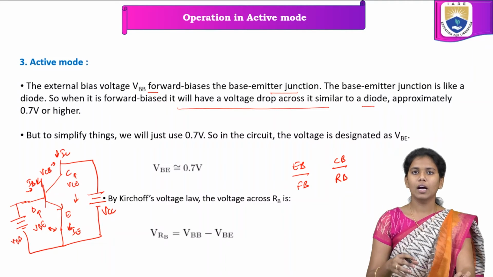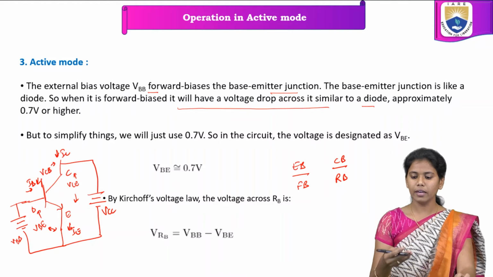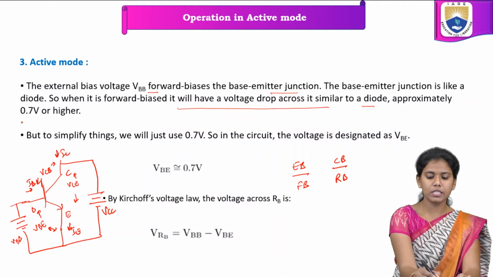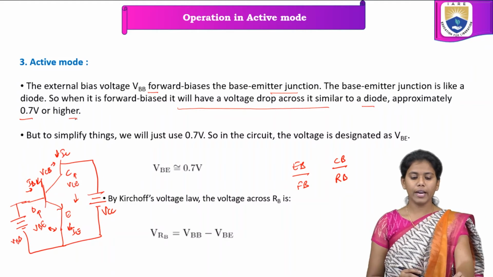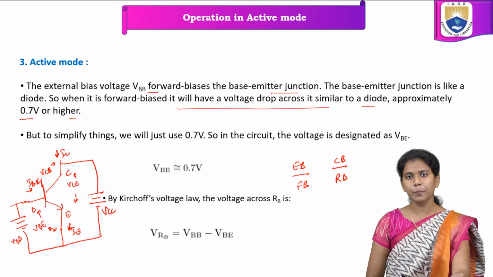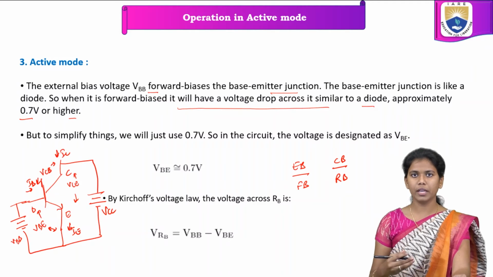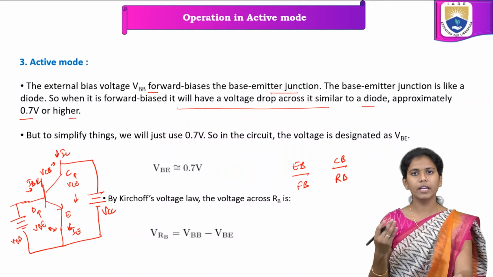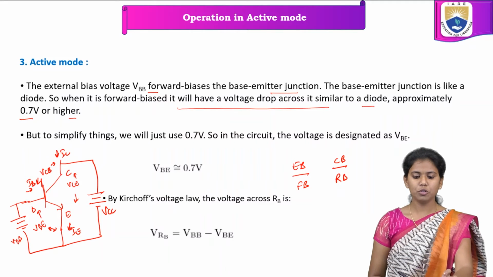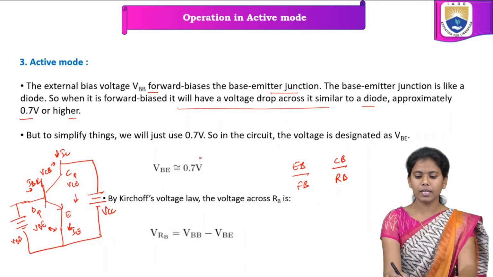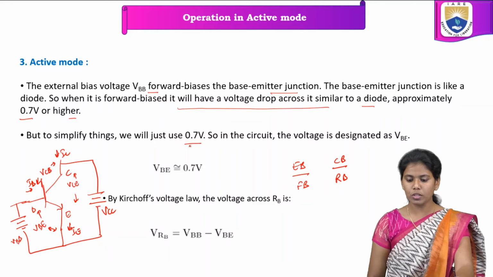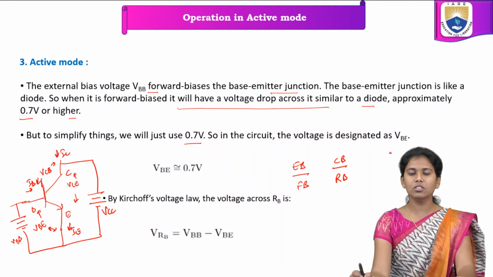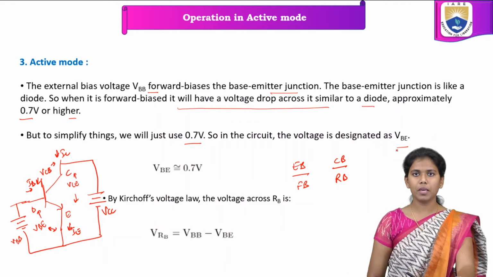That voltage drop is approximately 0.7 volts or higher. But to simplify things, we consider it as 0.7 volts, designated as VBE.